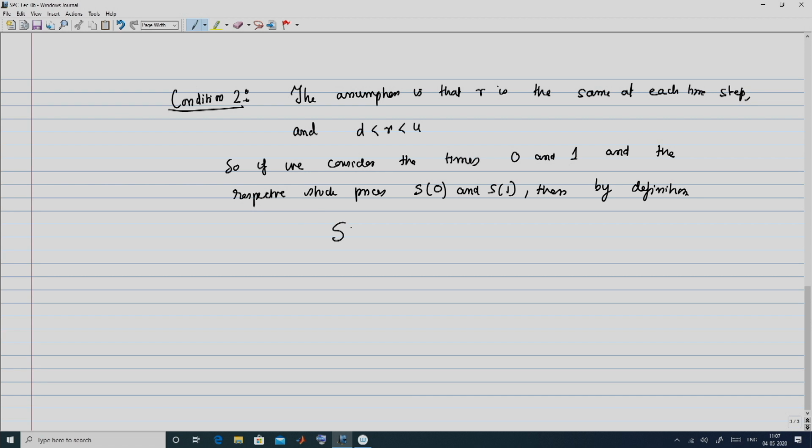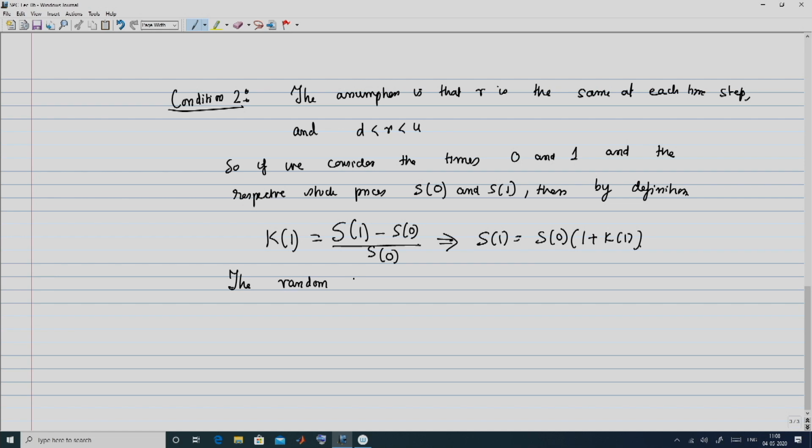What will we get? By definition k of 1 is equal to S of 1 minus S0 divided by S0, and this implies that S of 1 is equal to S0 into 1 plus k of 1. So, the random variable, now remember that k of n and in particular k of 1 can take two values.